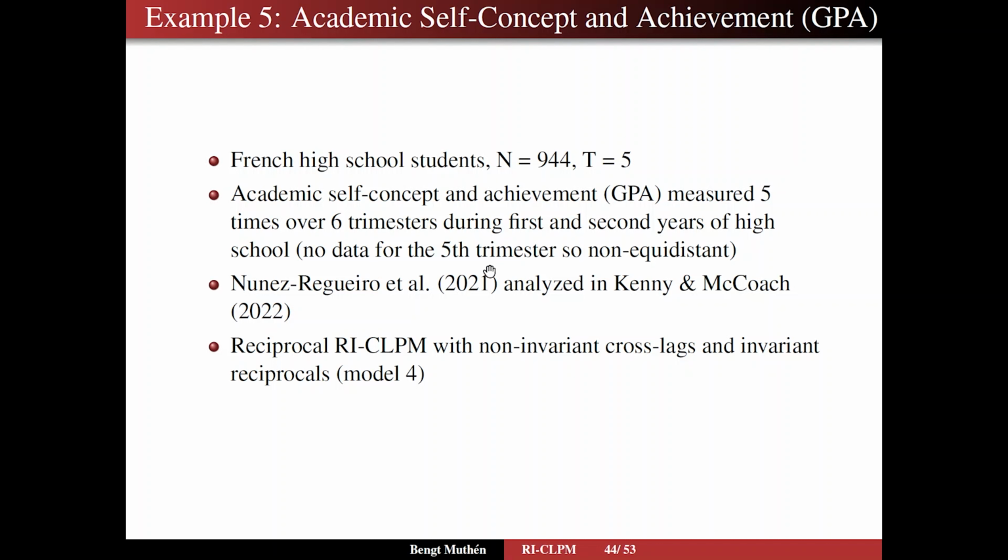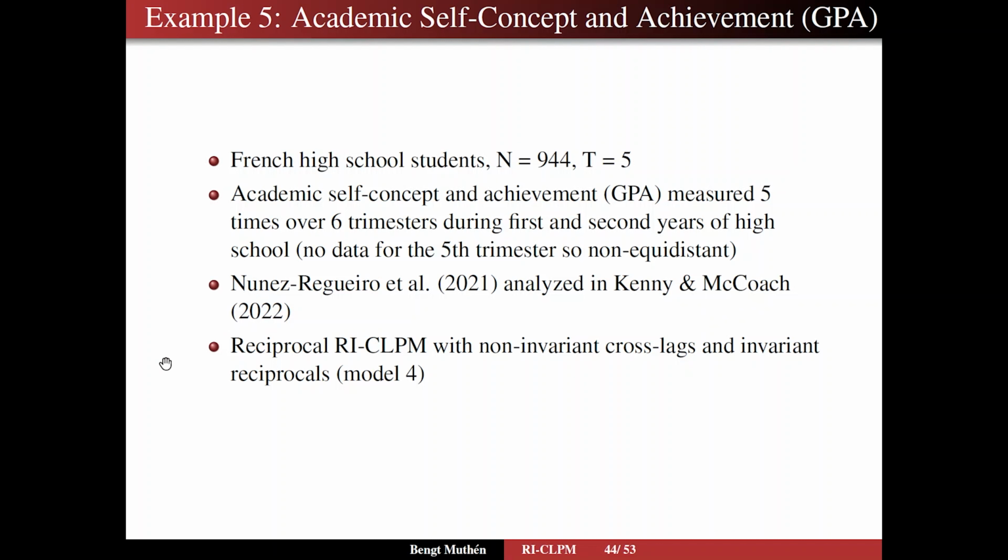No data for the 5th trimester, so non-equidistance here at one point of the time points. So what is that? That's 3 or 4 months apart, these measures, apart from between the last two. So it comes from an article that's analyzed in a new paper by David Kenny and Betsy McCoach.